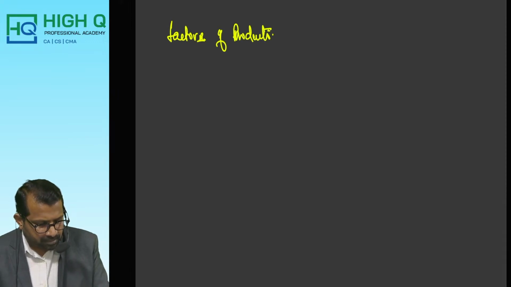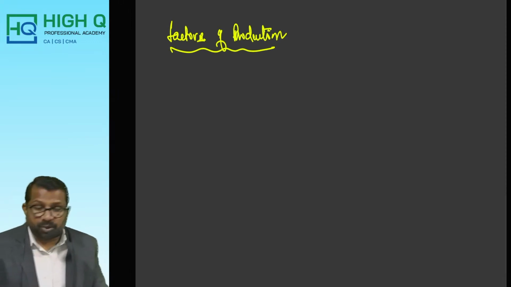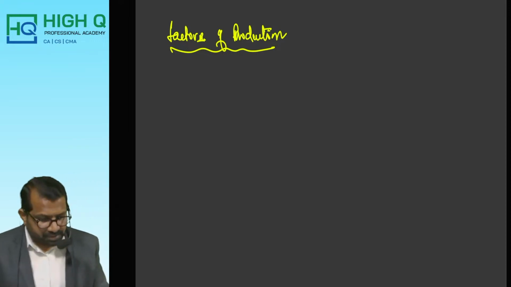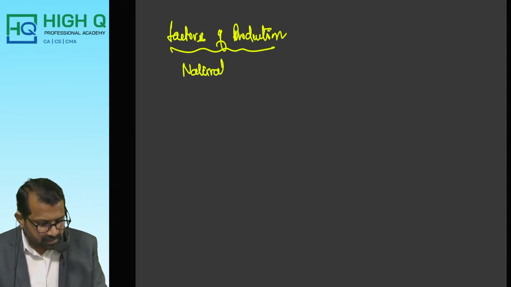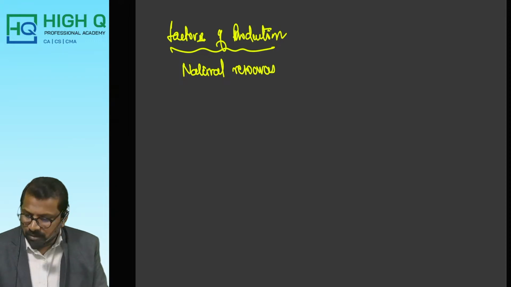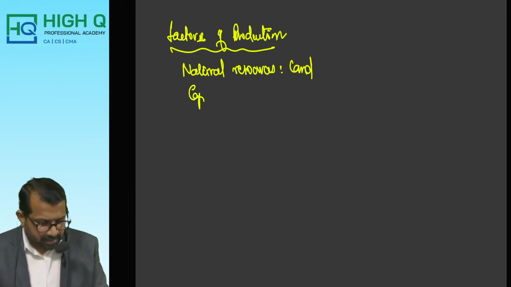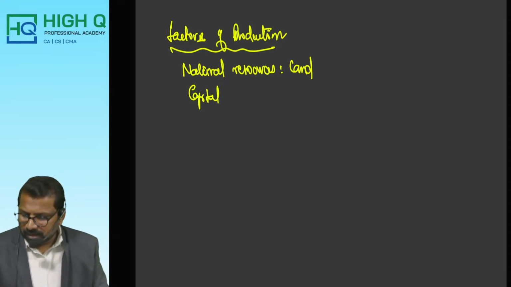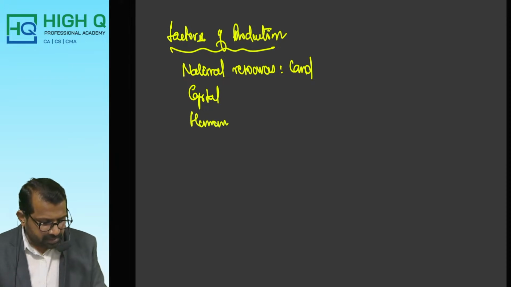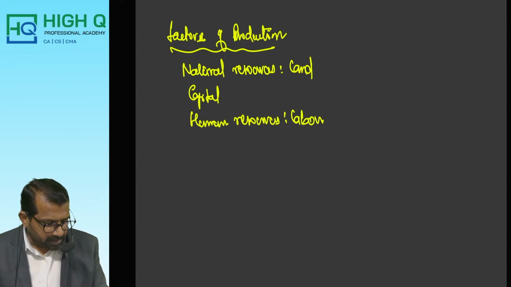So what are various factors of production? From the examination point of view, you will expect some questions. First one is natural resources, for example land. Then capital. Third one, human resources, called labor.